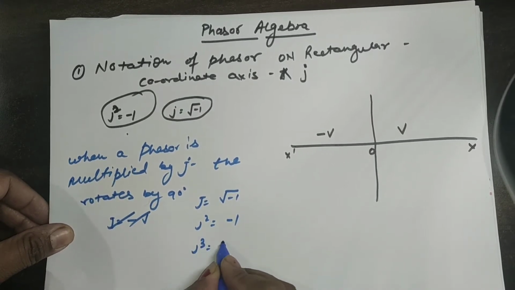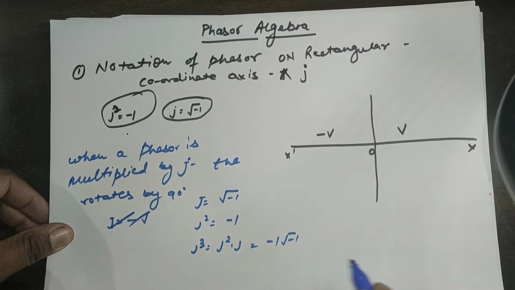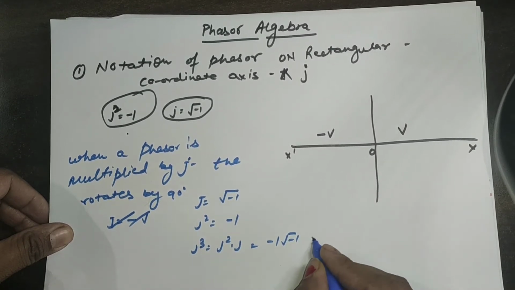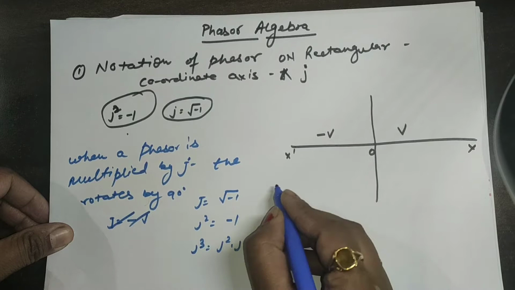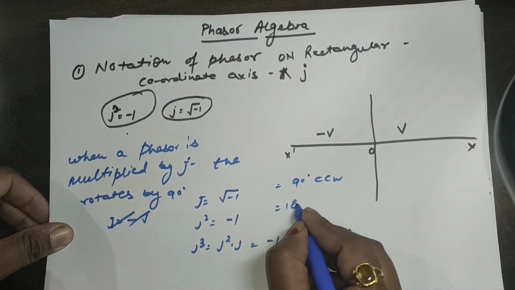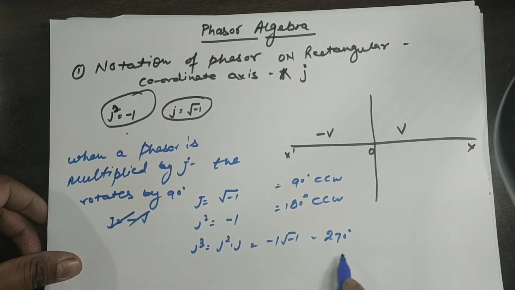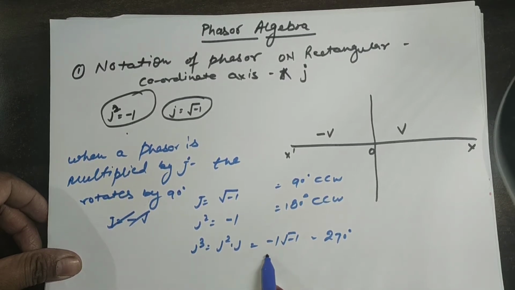Now j cube will be j square into j, that is -1 times the square root of -1, which is 270 degrees. This is 90 degrees clockwise, this is 180 degrees clockwise, and now 270 degrees, because j cube is j square into j, that is minus j.